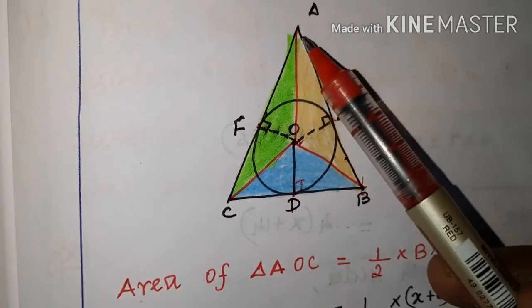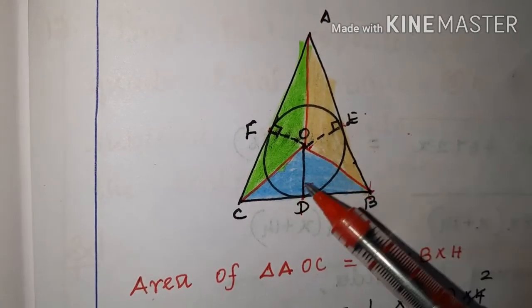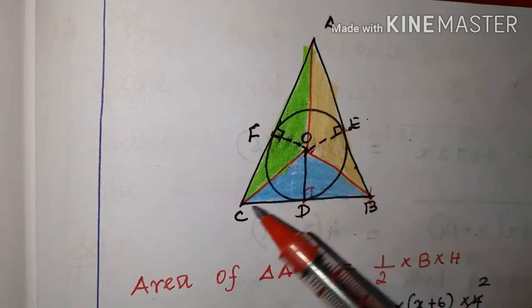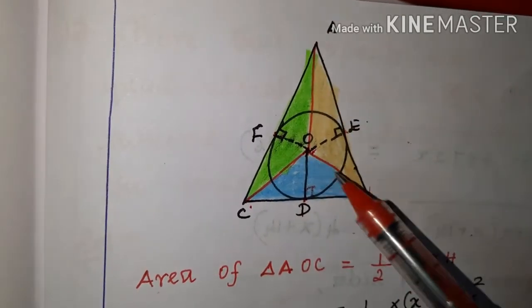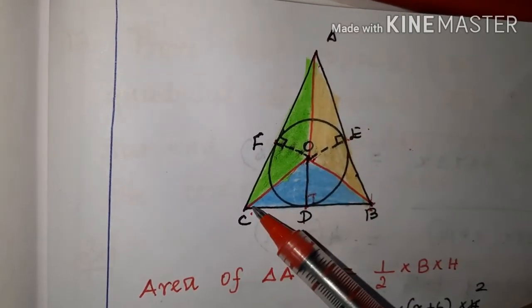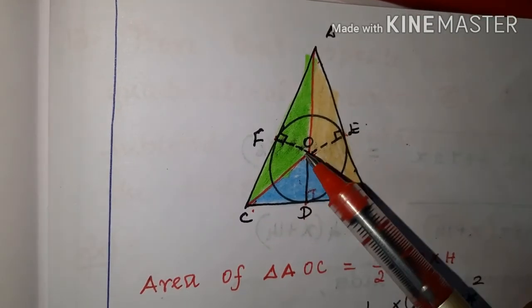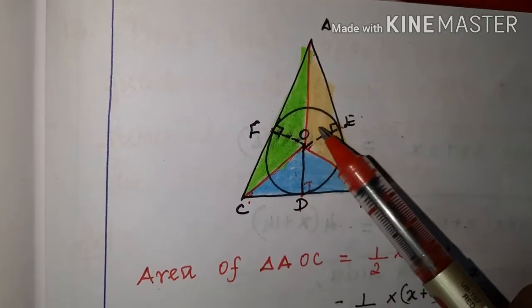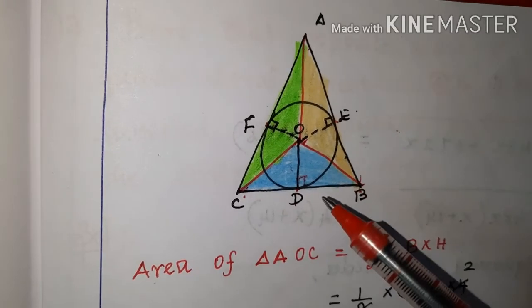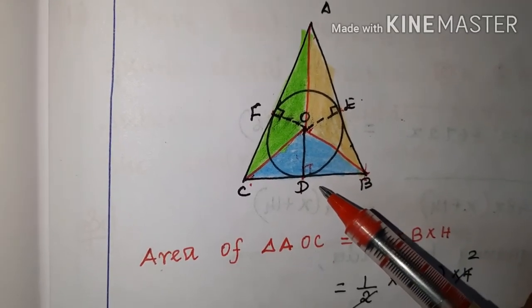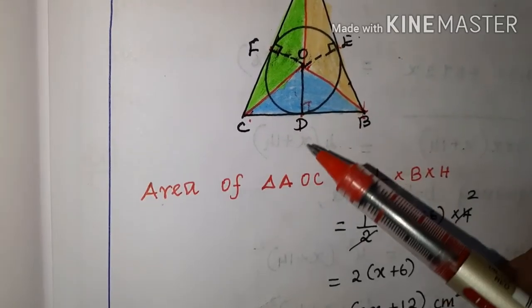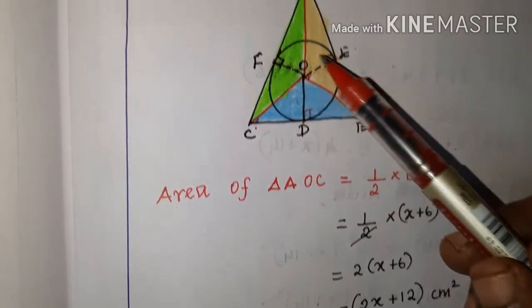Got it? So now if I join it, I get three triangles. One is BOC, another one is AOB, and the third one is AOC. To differentiate them, I have shaded them in different colors. So you know the area of a triangle formula, half into base into height. Using that concept you can find the area of each triangle.